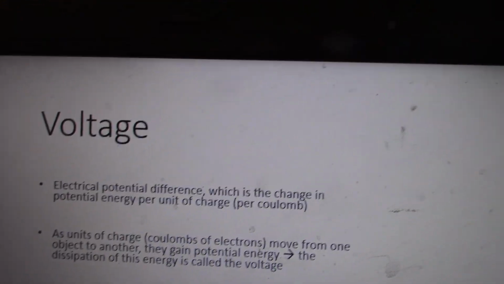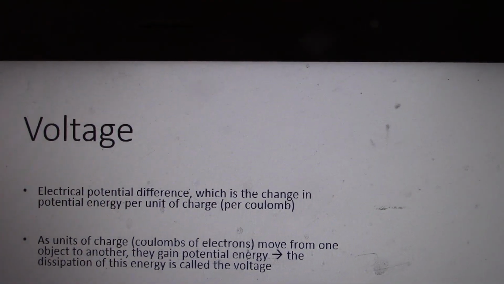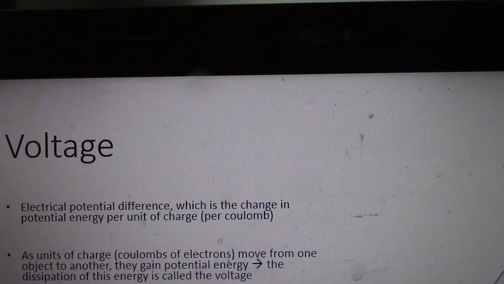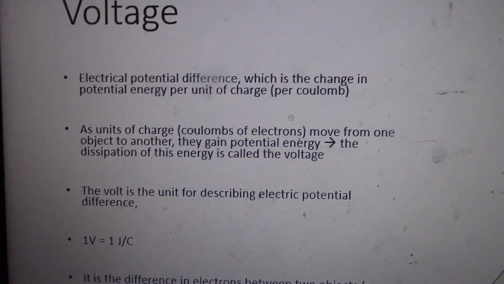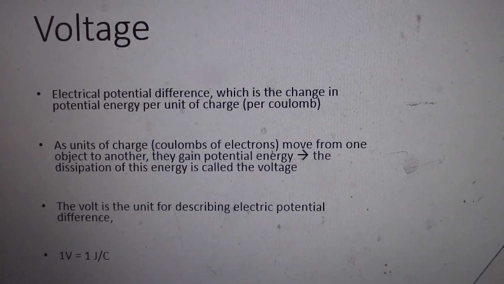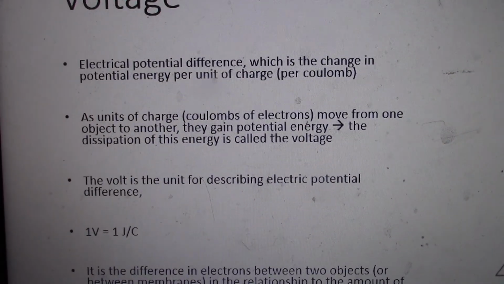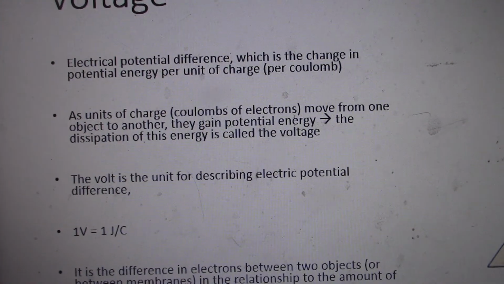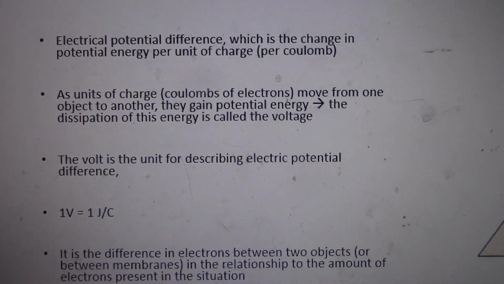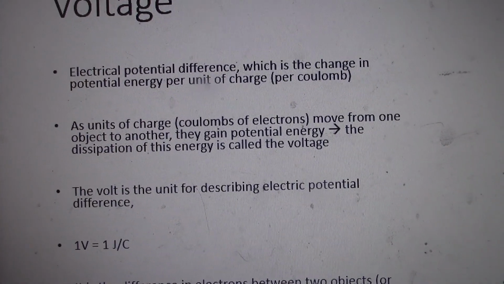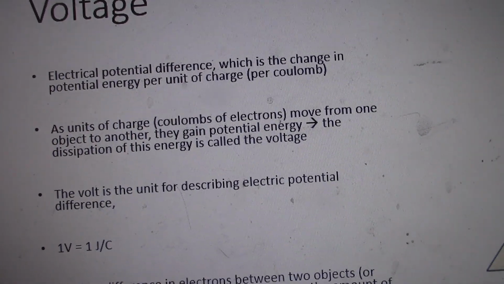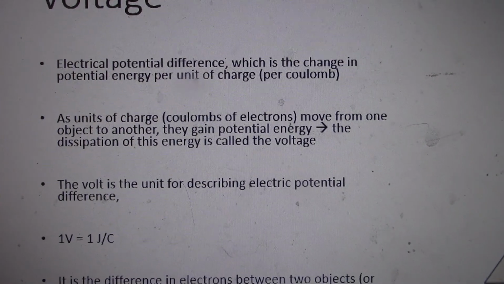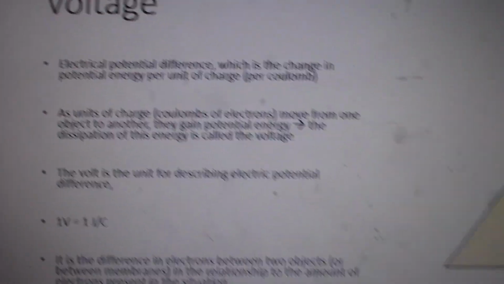So voltage is, and you guys have all seen this term before, potential difference. It's the difference in the amount of electrons between two test sources. As units of charge move from one object to another, they gain potential energy. If there's a larger difference in electrons between a source and a receiver of electrons, you get a higher voltage.